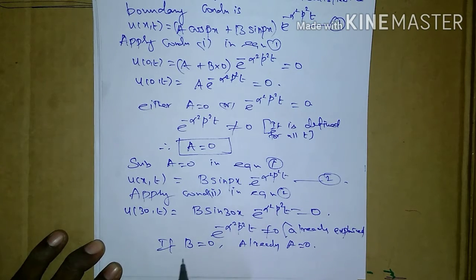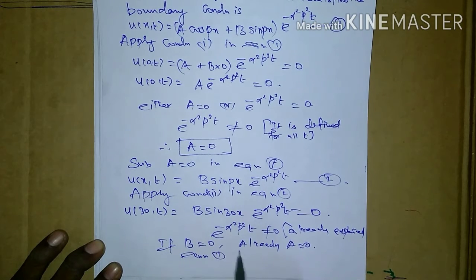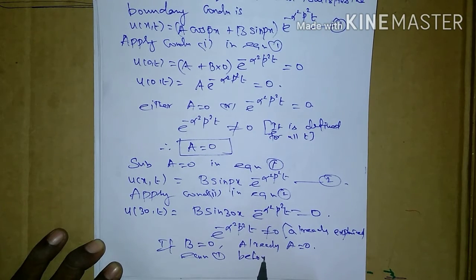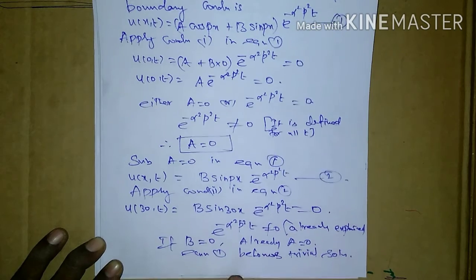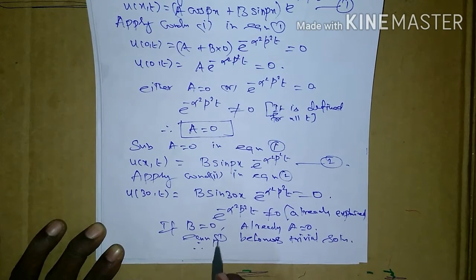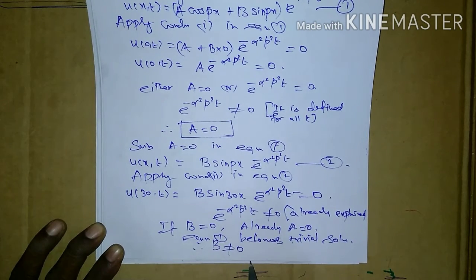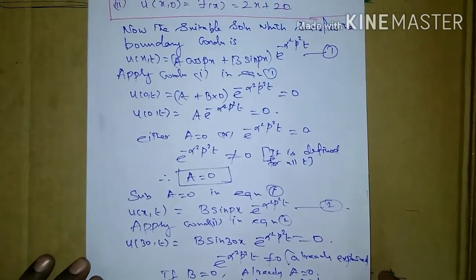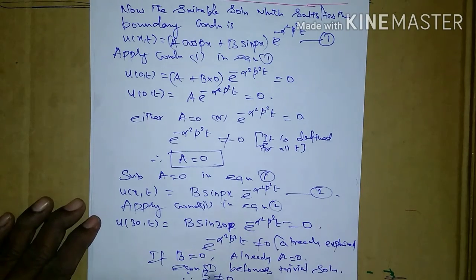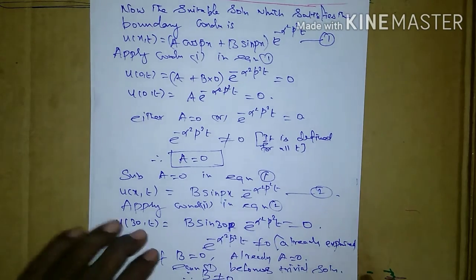Therefore, equation 1 becomes a trivial solution. Therefore, b is not equal to 0. The only possibility is sin 30p is equal to 0.